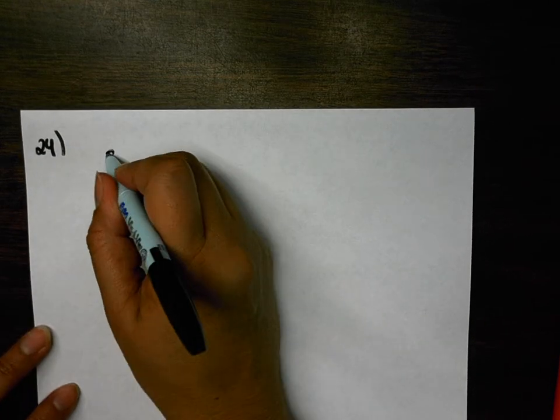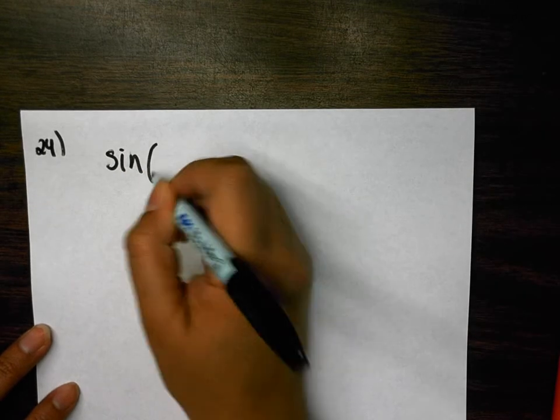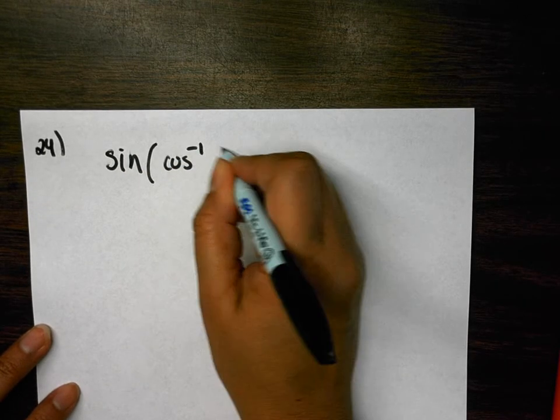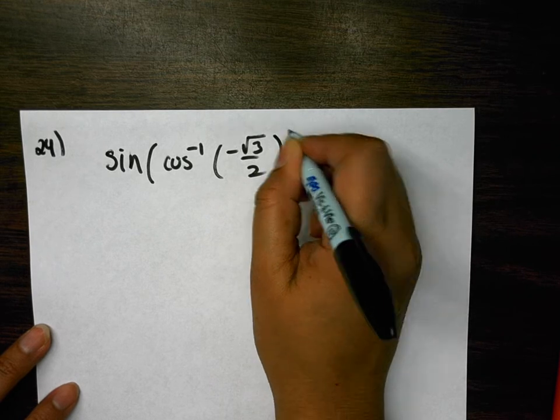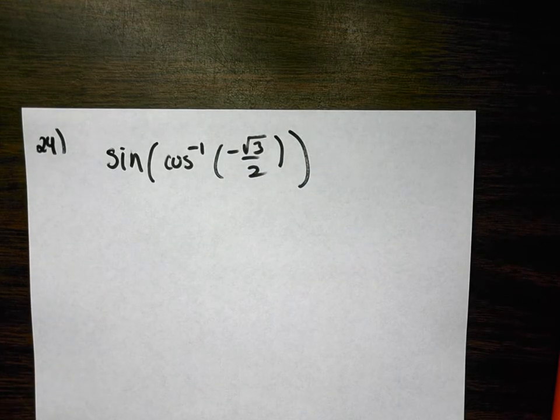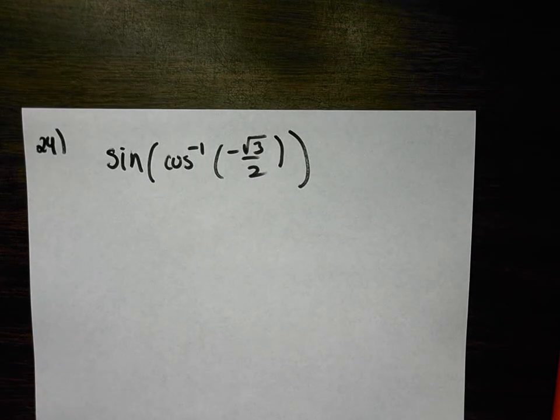24. Is that a good one? Is that an inverse one? Okay, is this the right one? Inverse cosine of negative root 3 over 2?